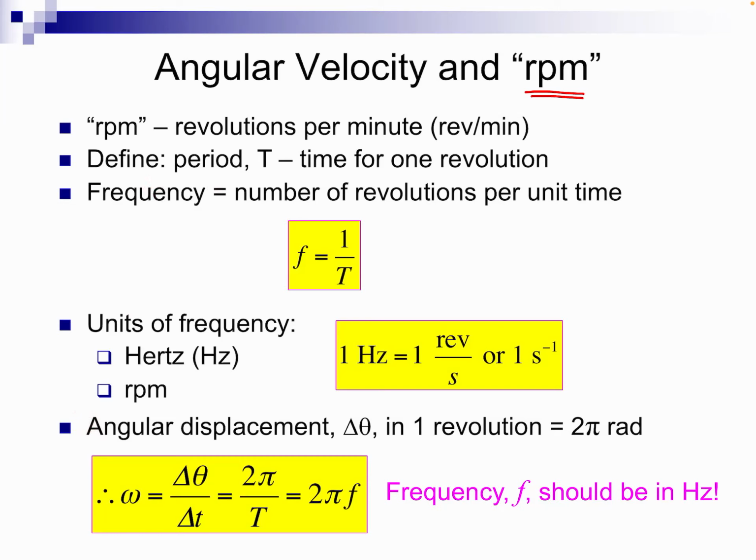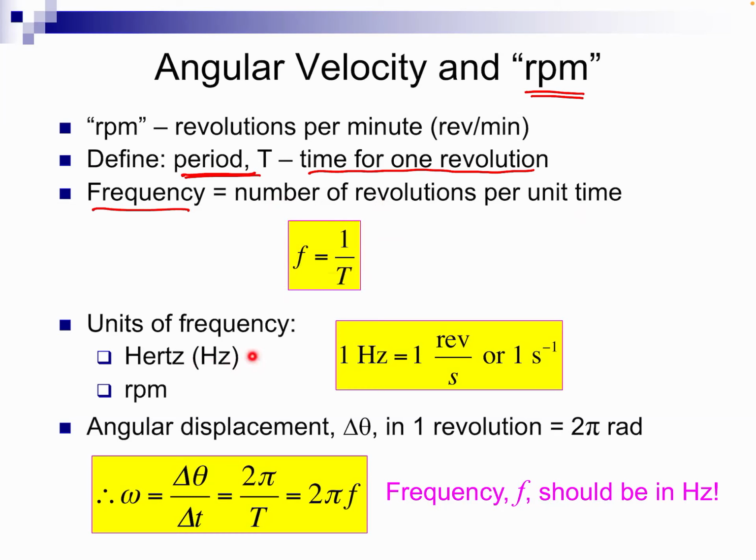So if we define some time period, capital T, to be the time for one revolution, then the quantity frequency, which is defined as the number of revolutions per unit time, is defined as the inverse of the period.